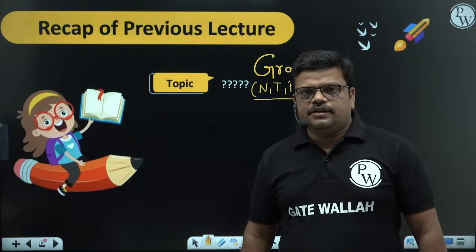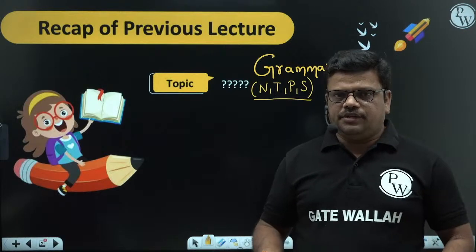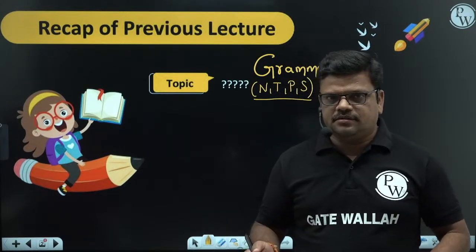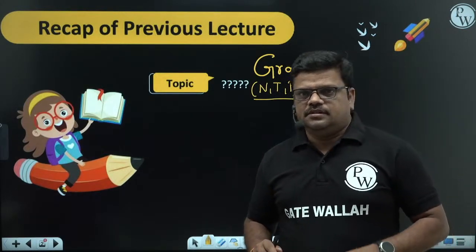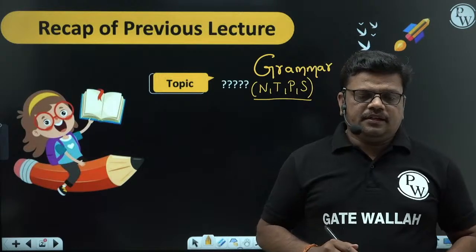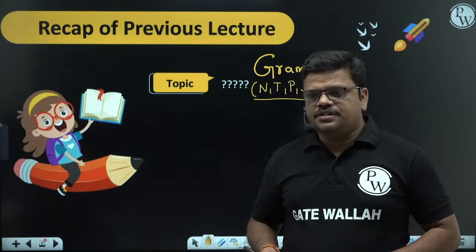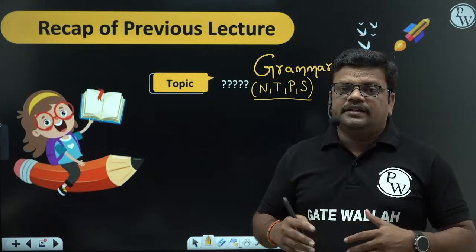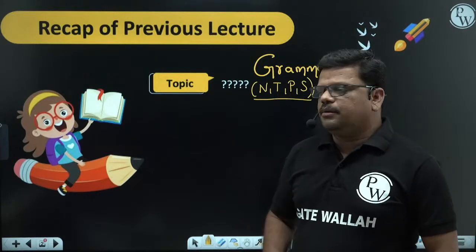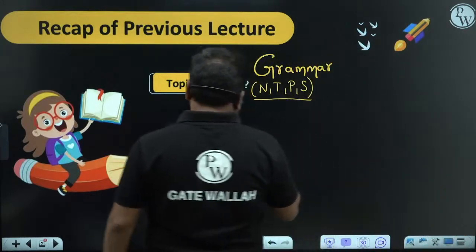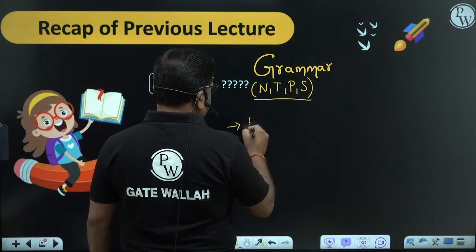Then if a grammar is given, how to perform derivation, how to construct derivation trees, that is parse tree, that thing we studied. Then leftmost derivation, rightmost derivation, and types of grammars. One of the very important concepts that we studied in the last class is types of grammars.